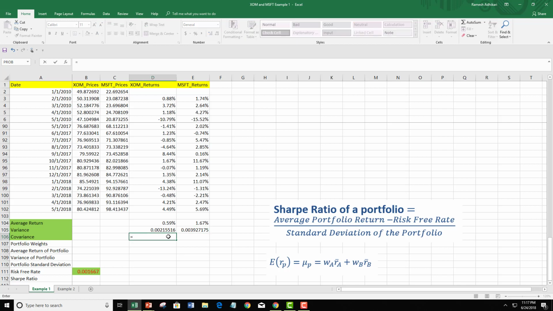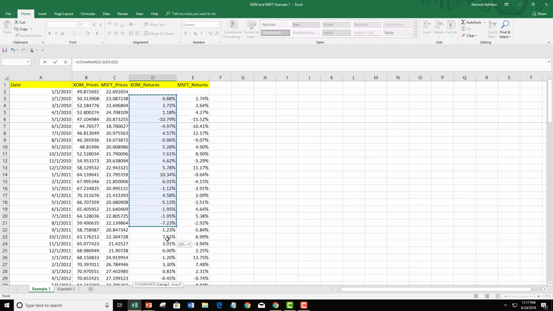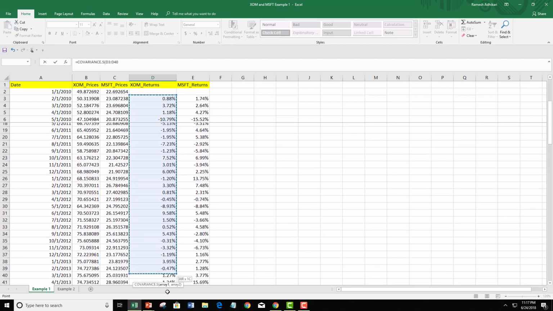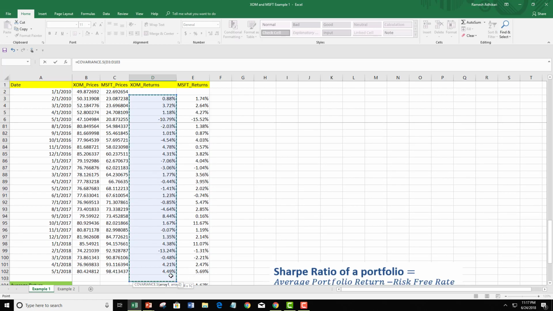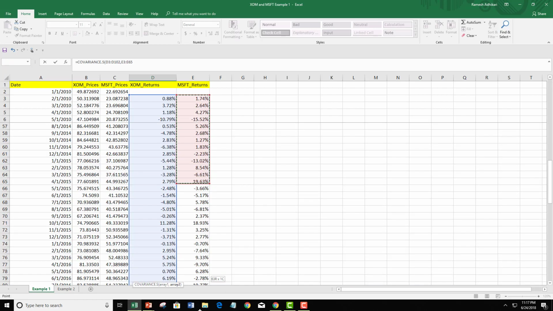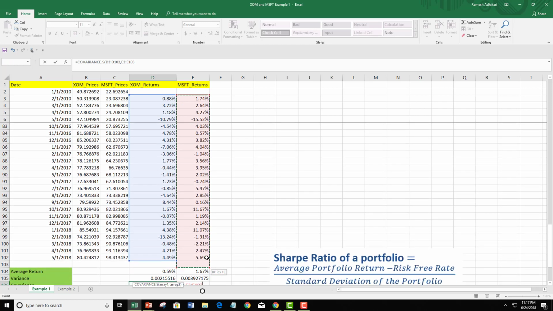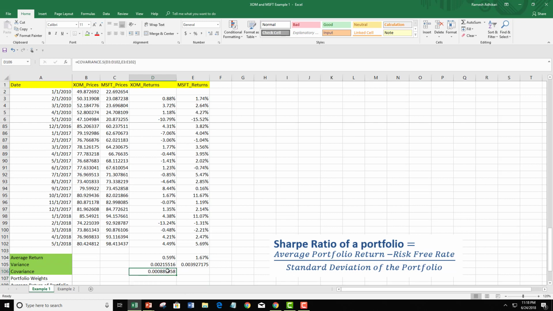Excel has a function called COVARIANCE.S. We're going to use that function to compute the covariance. So remember how to use that: COVARIANCE.S, and you have to select the return series of XOM, right, and comma, the return series of Microsoft. Once you make those two selections, you can close the parenthesis and enter, and that gives us the covariance.